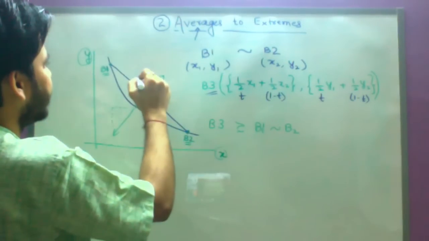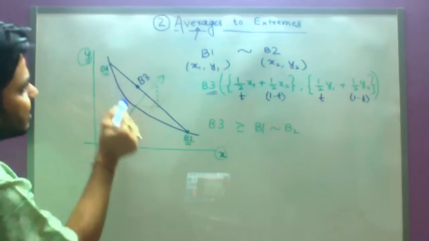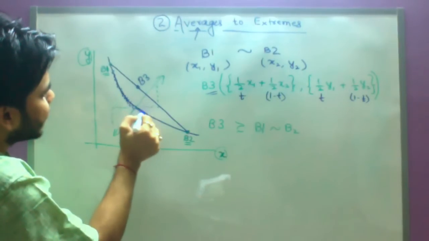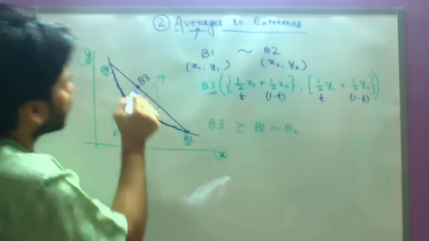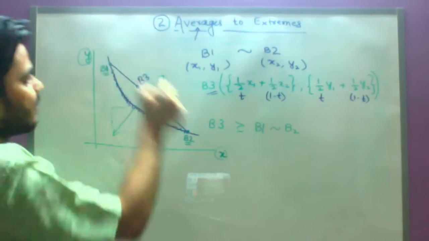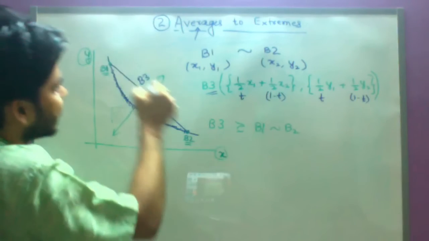Let me write B3. So B3, you can see, is above this indifference curve. Let me label this indifference curve like this. So this indifference curve is below B3, and all the points on this line essentially are weighted averages of B2 and B1. So they are above this indifference curve.